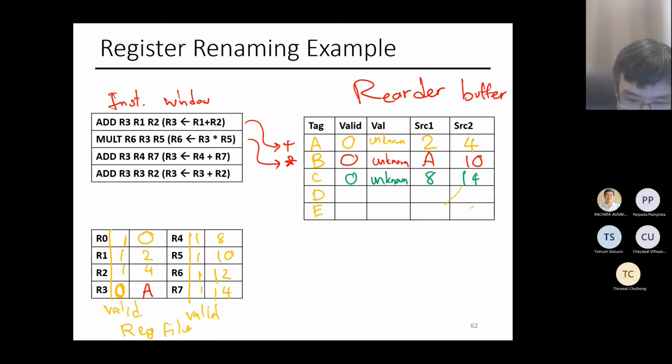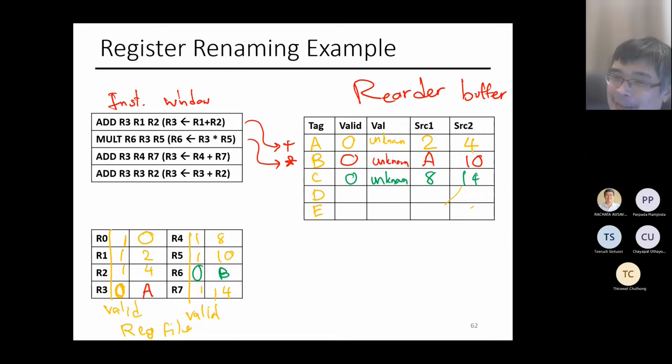Oh, and I forgot earlier, when I update R6, R6 is not valid. You go check entry B. And then for the third instruction, you update R3 again. You add R4 and R7, and write the result over R3.